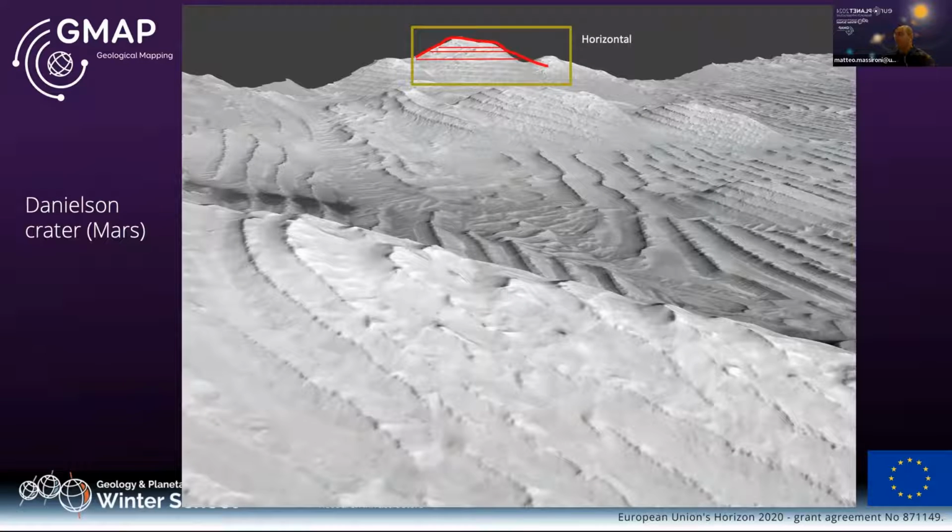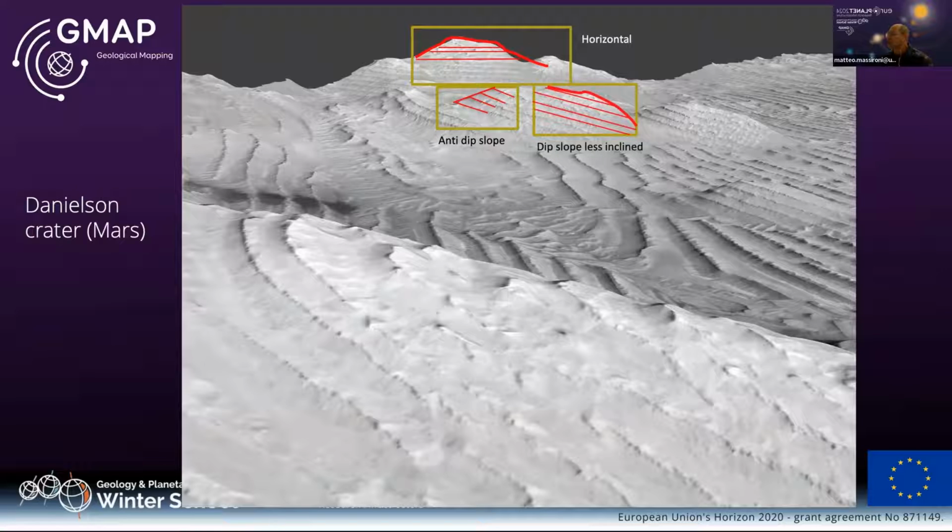Then in that point, we have anti-dip slope stratifications. And then in the other part of the slope, we have a dip slope less inclined than the slope itself. And here in the foreground, we have the dip slope more inclined than the slope itself.